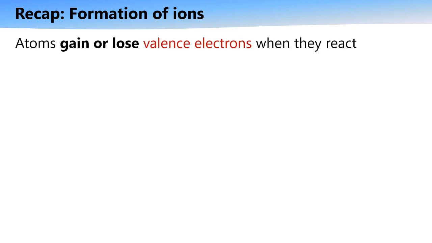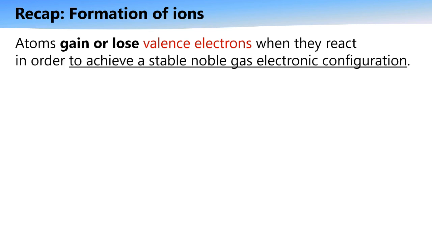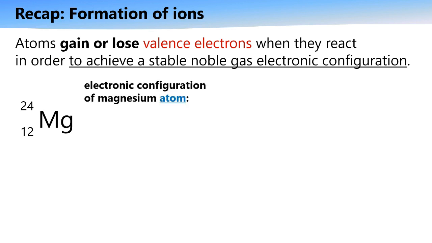Next, how are ions formed? Atoms gain or lose valence electrons when they react in order to achieve a stable noble gas electronic configuration. For example, let's look at magnesium. As discussed, the electronic configuration of magnesium is 2,8,2.